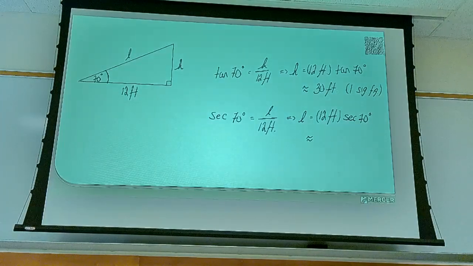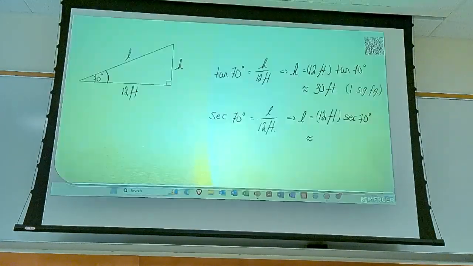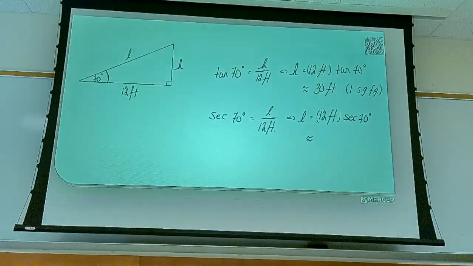So one sig fig would be 40. Wait, you got 35.08, but it was rounded to 40?